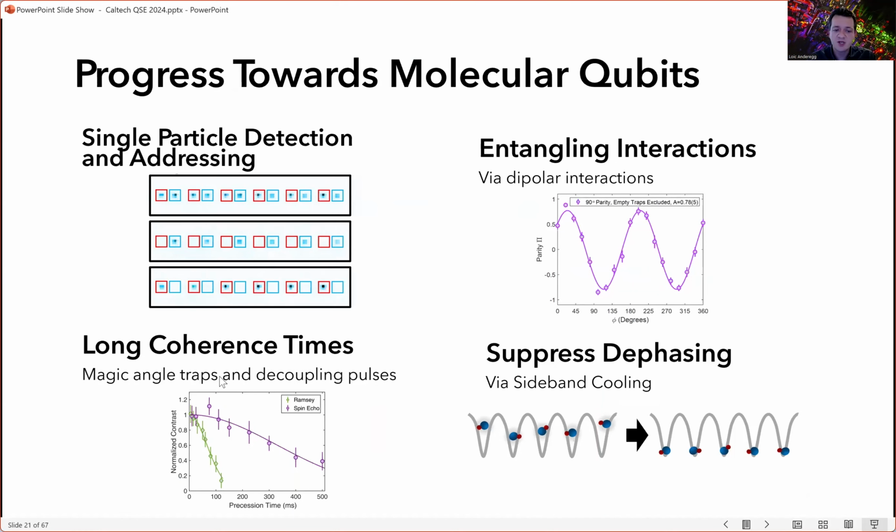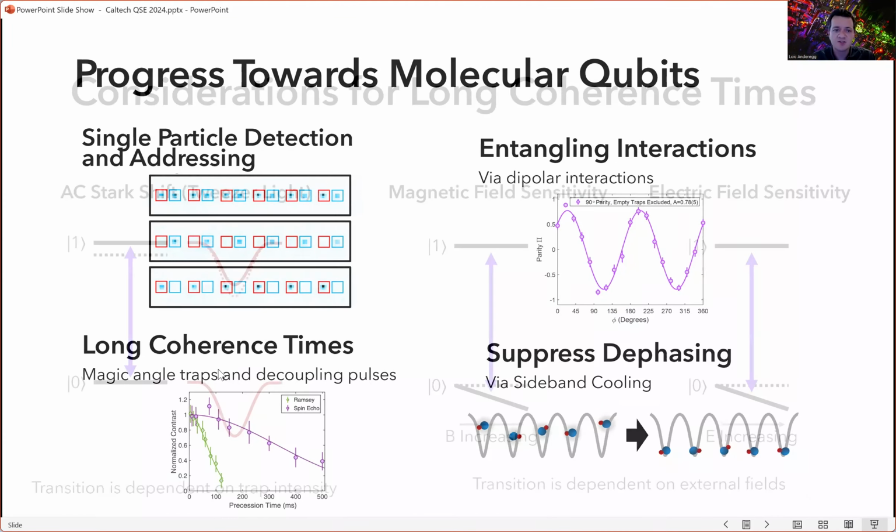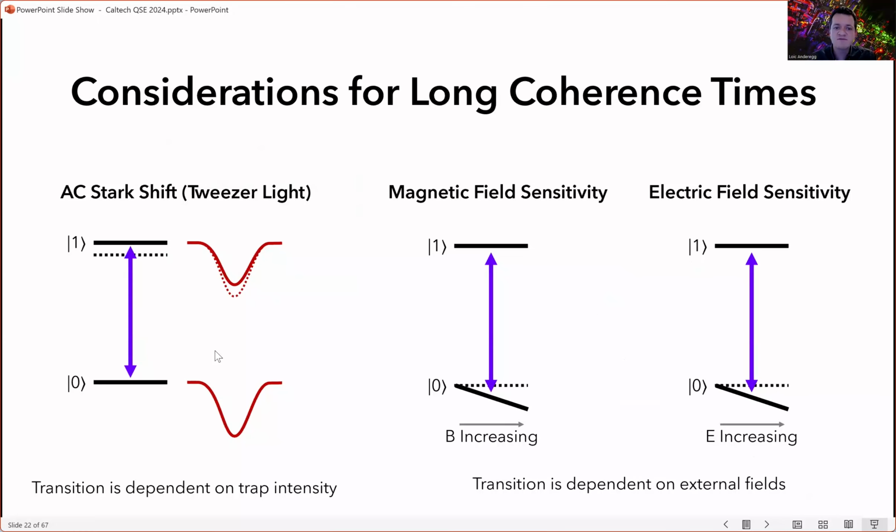So let's begin by looking at how we achieve long coherence times. To understand what gives you these long coherence times in these tweezer traps, and what can limit you, we can first look at, for example, the role of the AC Stark shift. The AC Stark shift is, of course, what we use to trap these molecules in these tightly focused tweezer traps. But it also has a problem.